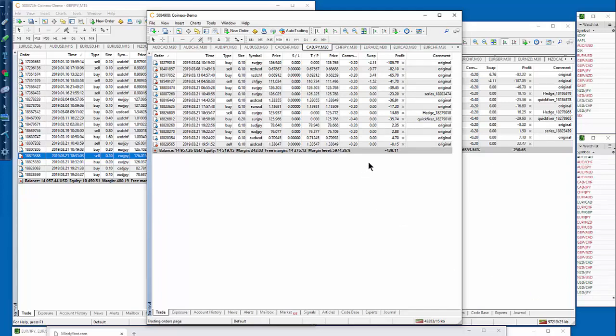But what we see is that currently it has a negative PL of negative $433. It has an equity balance that is up 45% if you wanted to just close the account right now. So from February 6th to today, March 21st, you'd be up 45% or $4,530.